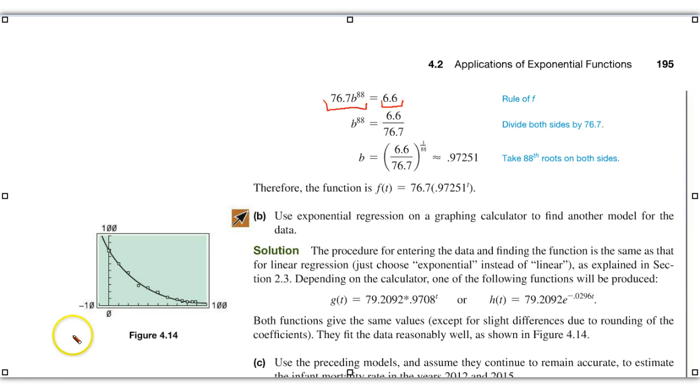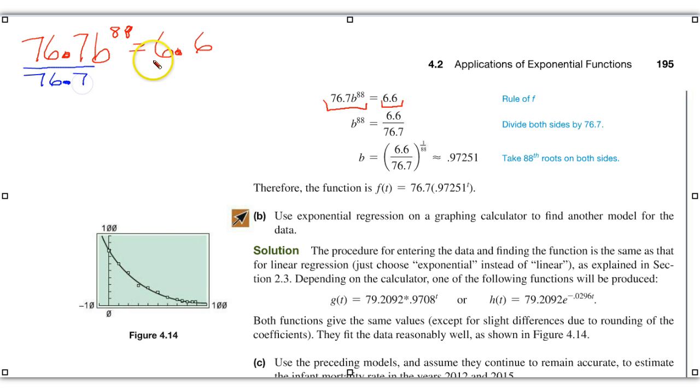So we're going to divide both sides, as they show here, by 76.7. And now we have just this remaining.